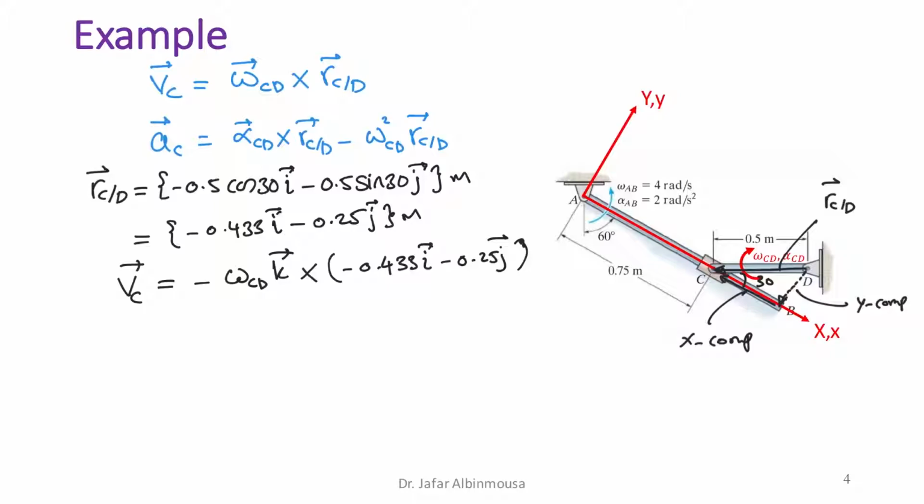Now, if I solve this, I will get minus 0.25 omega CD in the I direction plus 0.433 omega CD in the J direction.